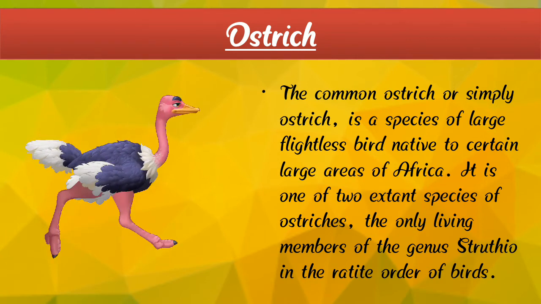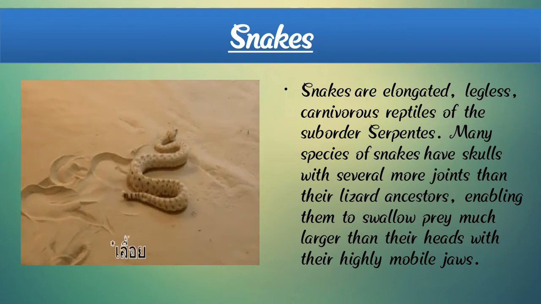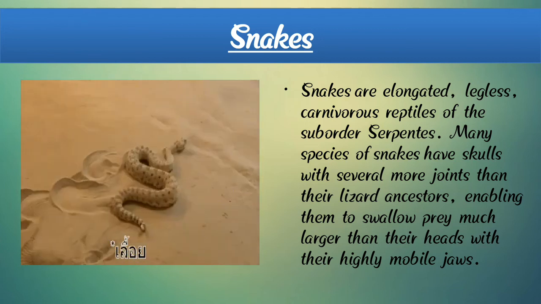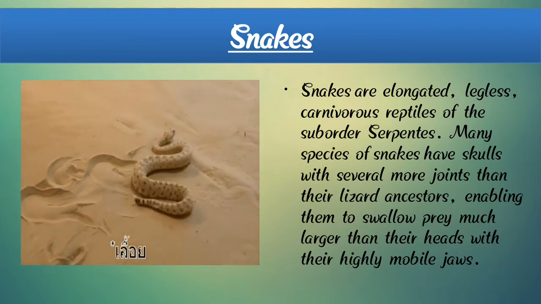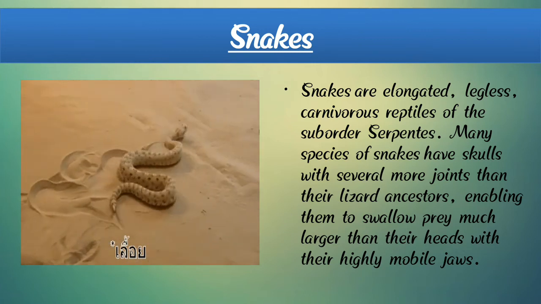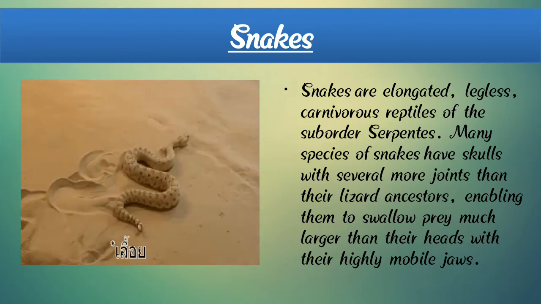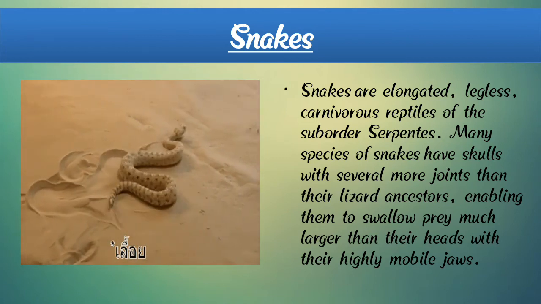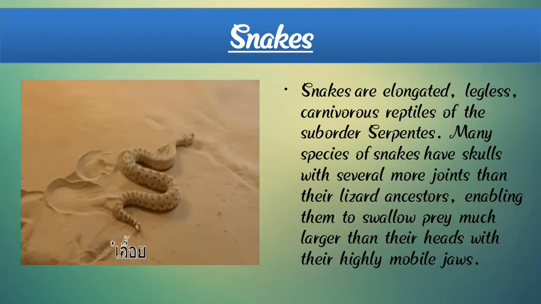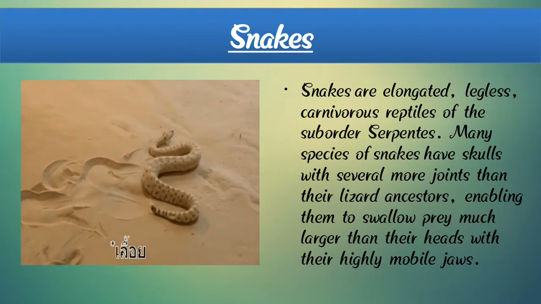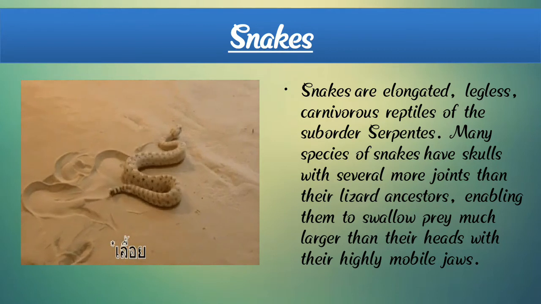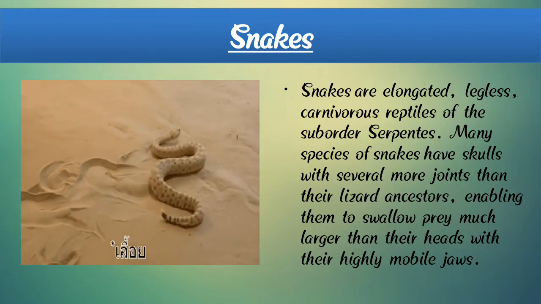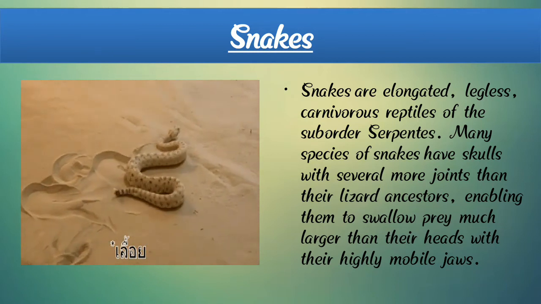Then next, snakes. Here we can see a photograph of a snake. Snakes are scary animals. Animals that crawl on the ground are known as snakes. Snakes are elongated, legless, carnivorous reptiles of the suborder Serpentes.